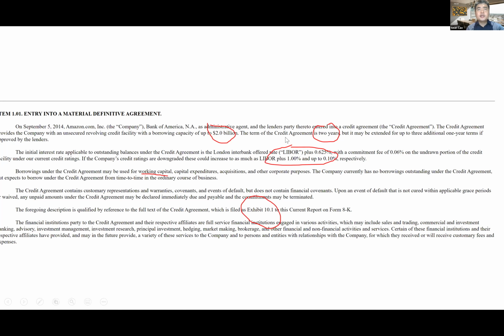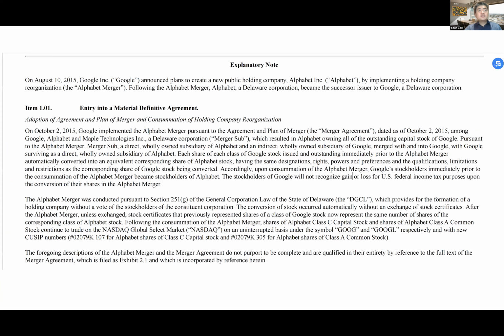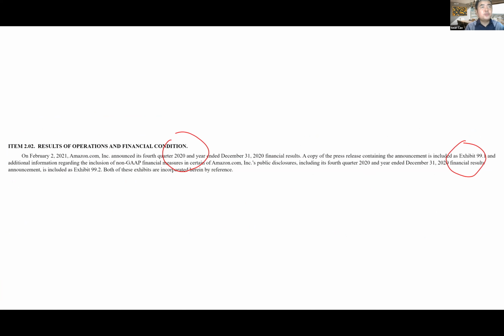How much they are borrowing, how long they are borrowing, all this information you can get from textual analysis can help investors understand the financial condition and financial health of Amazon. This is something you have to think about now, using the information to generate ideas for investors and for other companies' managers. Let's talk about another item, 2.02.